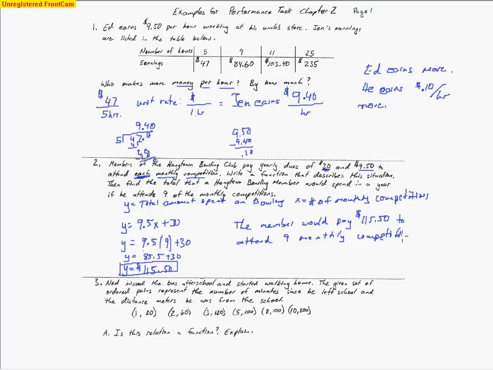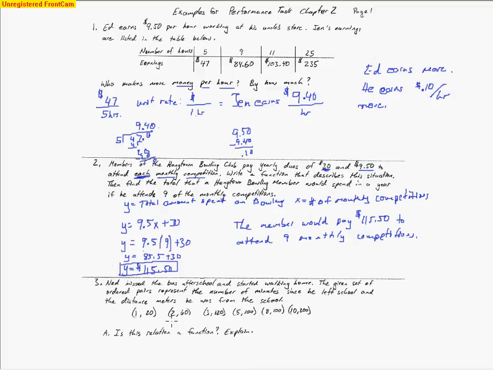All right, the next one, a new problem here, and this is just the first part of this. It says Ned missed the bus after school and started walking home. The given set of ordered pairs represents the number of minutes since he left school and the distance in meters he was from school. They're asking, is this relation a function?